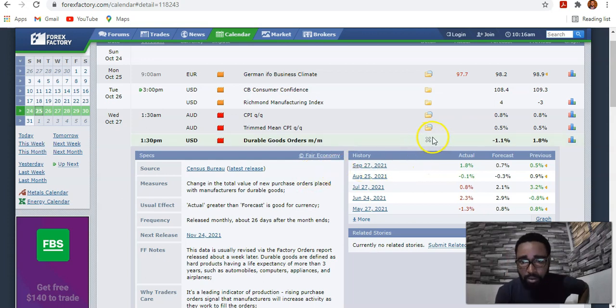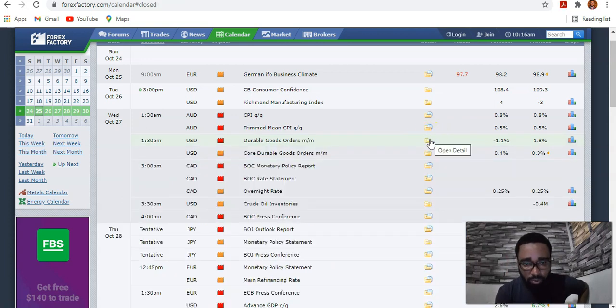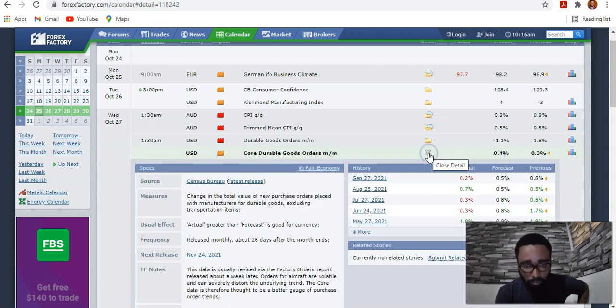Then talking about core durable goods, it is change in the total value of new purchase orders with manufacturers for durable goods, excluding transport items. Excluding transport items.